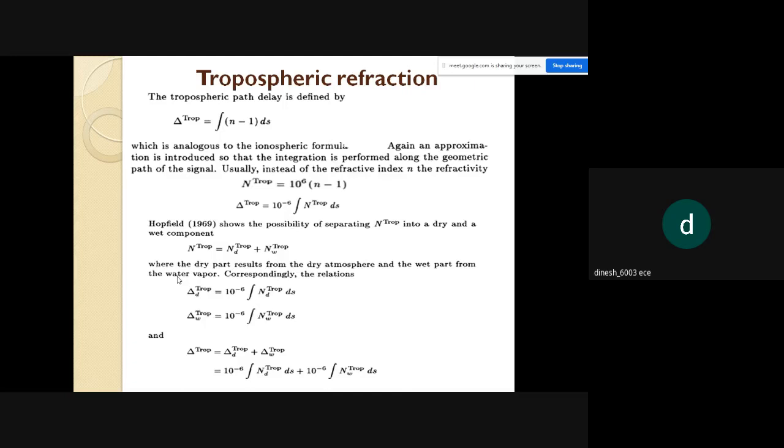The corresponding equations can be segregated as: delta tropospheric dry is 10 power minus 6 integral Nd tropospheric into ds, and for the wet region, delta tropospheric wet is equal to 10 power minus 6 integral Nw tropospheric into ds. So now the total will be the summation of both: 10 power minus 6 integral Nd trop ds plus 10 power minus 6 integral Nw trop ds.